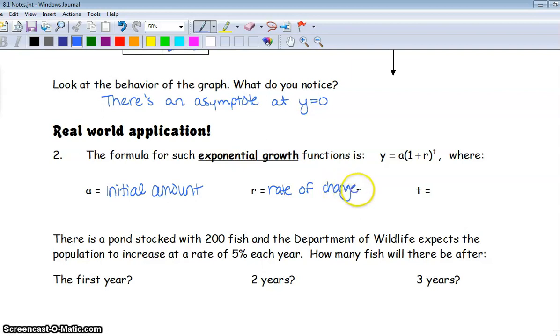But you want to be careful with the rate of change because it's the percent increase. But you want to write it as a decimal. You do not want to write it as a percent. And t, of course, is going to be our time.